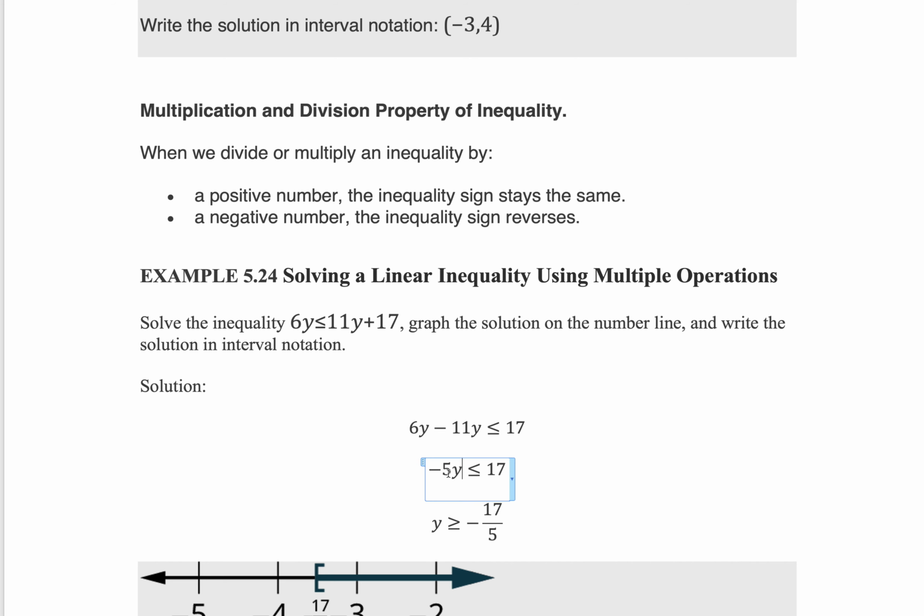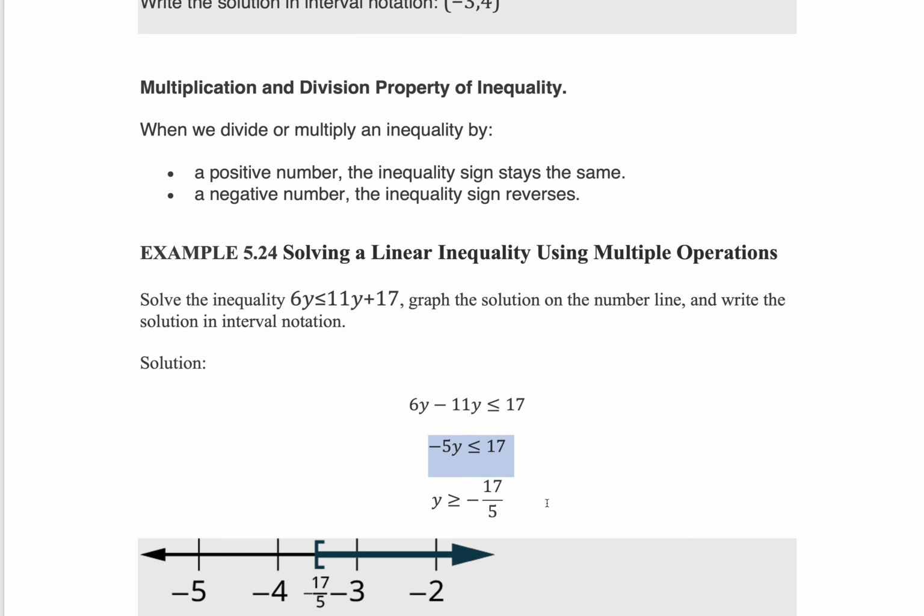I multiplied the inequality, both sides, by -1/5, and I get this. And I hope you see in the middle, I did change the sign of the inequality, right? I changed the direction of the inequality from less than or equal to, to greater than or equal to, because I multiplied by -1/5. This is only true when you multiply both sides of the inequality by a negative number.